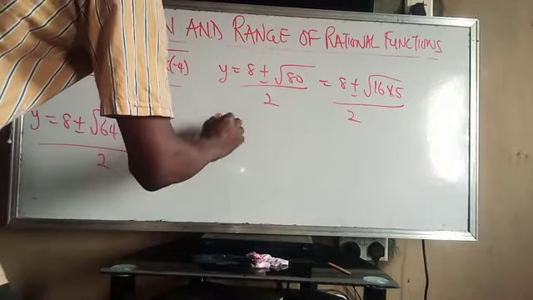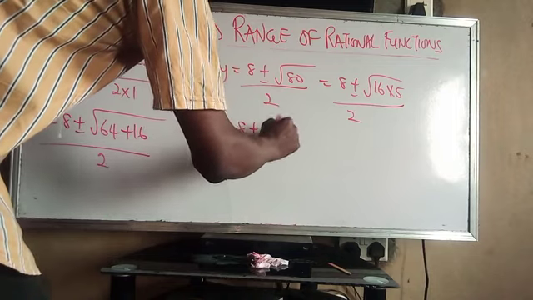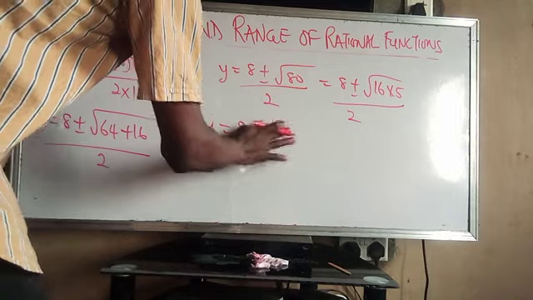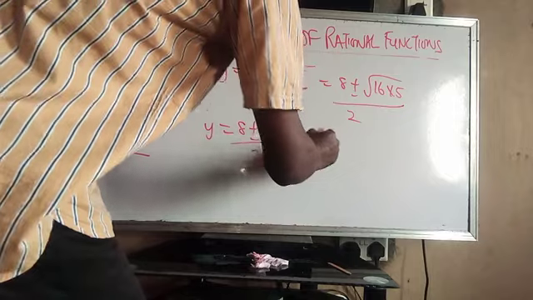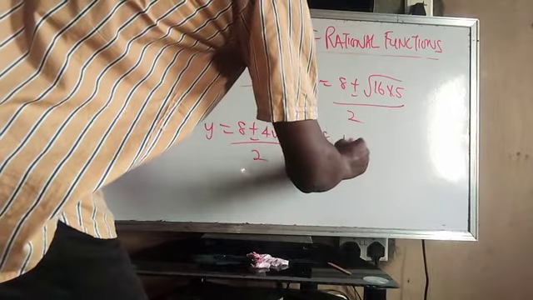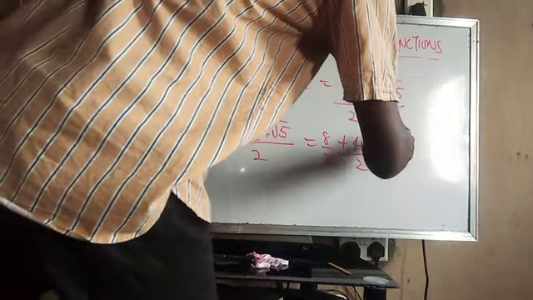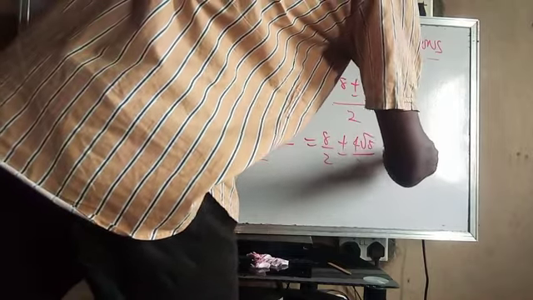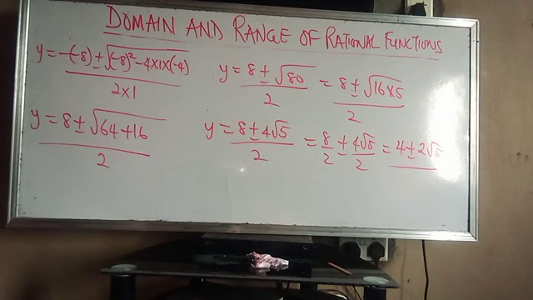That gives y equals 8 plus or minus 4 root 5 all over 2, because the square root of 16 is 4. That is 8 over 2 plus or minus 4 root 5 over 2, which is 4 plus or minus 2 root 5. So that means our range must exclude 4 plus or minus 2 root 5.